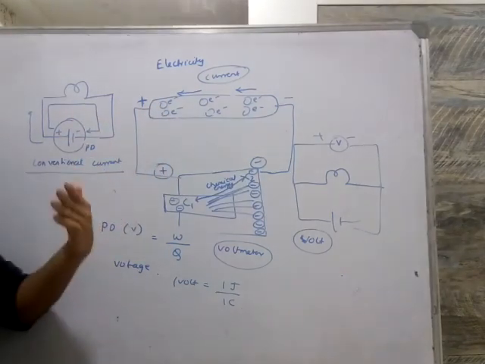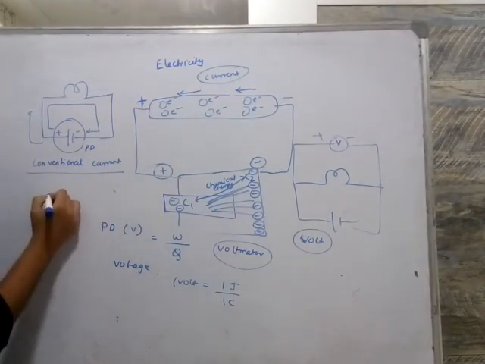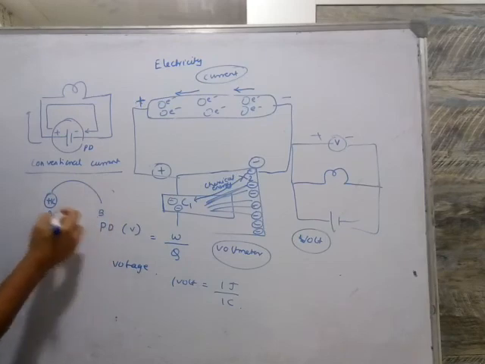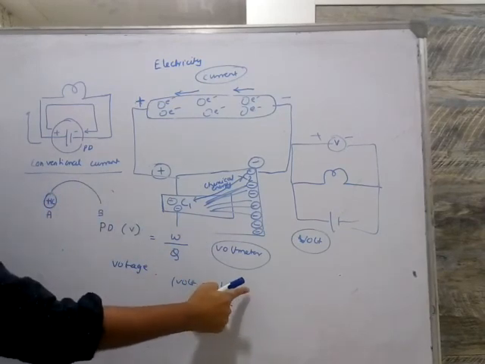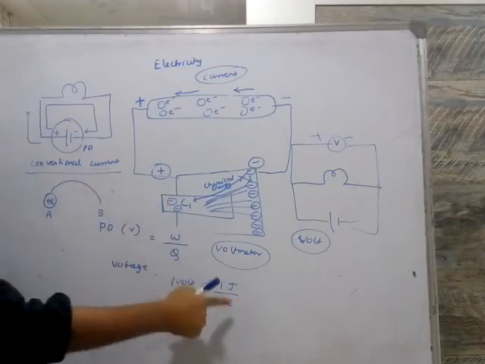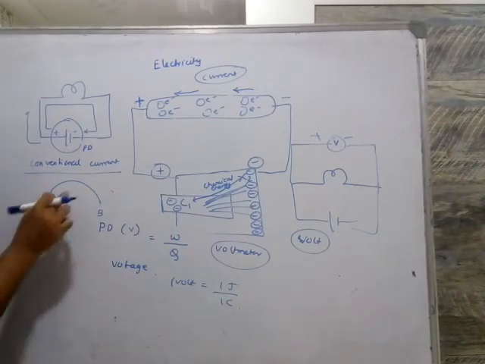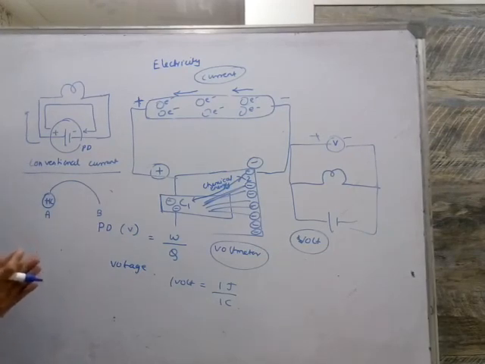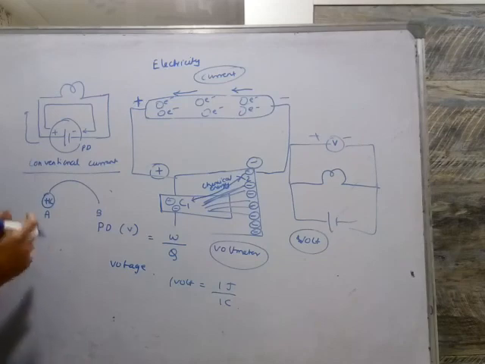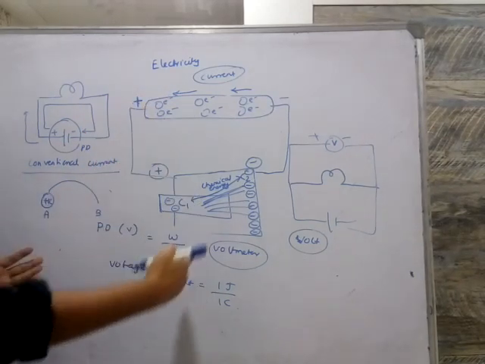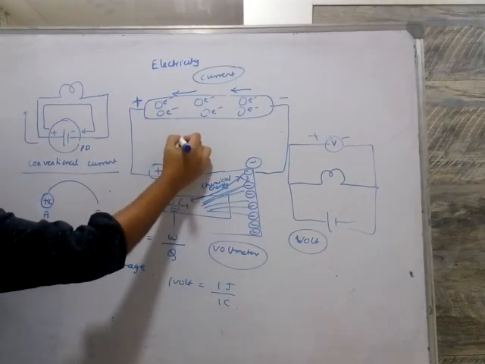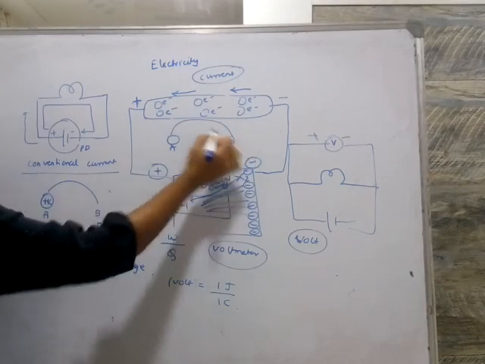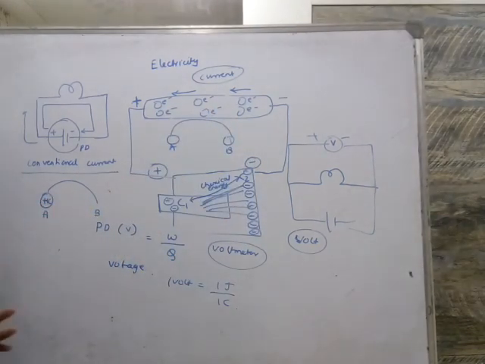If I want to bring 1 coulomb of charge from point A to point B, and the work done is 1 joule, that is called 1 volt. So in short, potential difference is the work done to bring a charge from one point to another point.